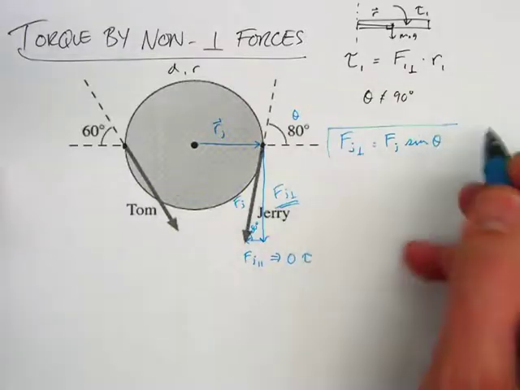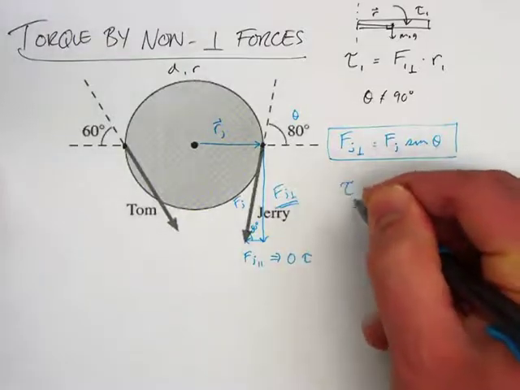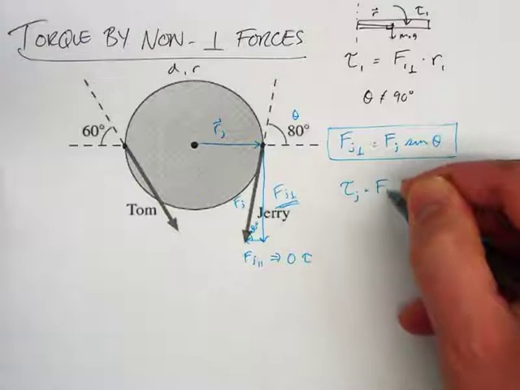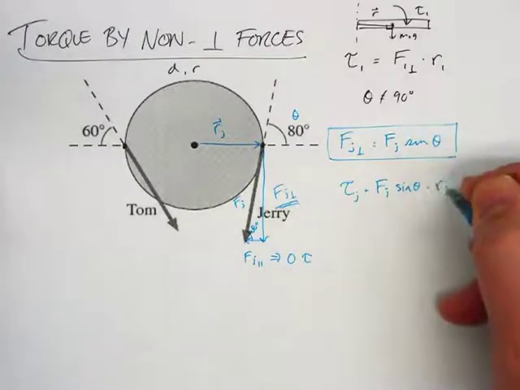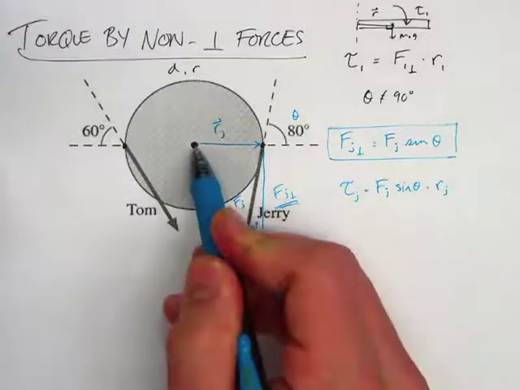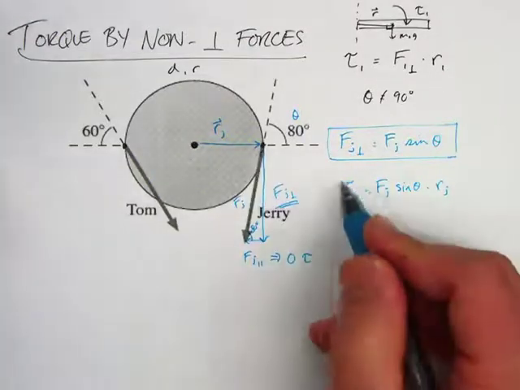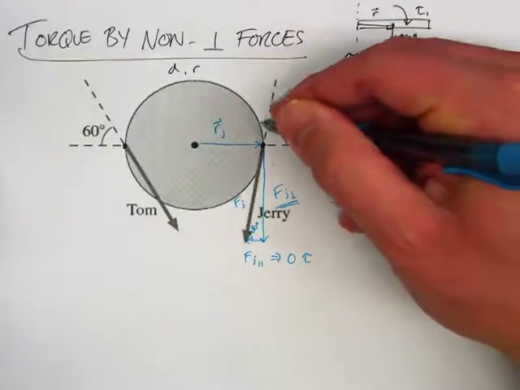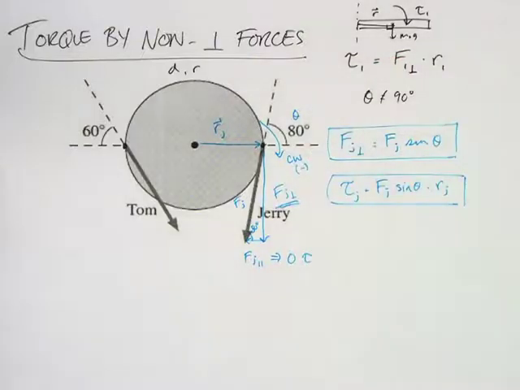So I take that component and I say now the torque exerted by Jerry is just the perpendicular component of his force, Fj sine of theta, times R sub j, or the lever arm distance from the point of rotation to the point of application of the force. Now in this case, this would be a clockwise force, so when I sum the torques about the center, this would be a negative torque.